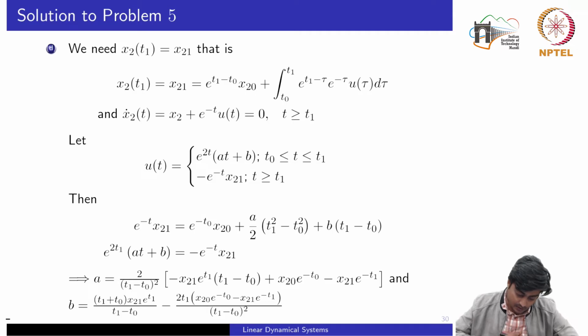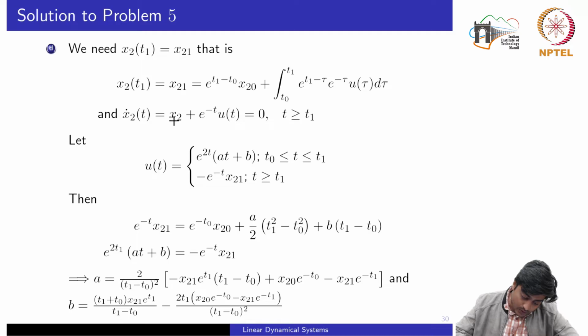So again, it requires the computation of the control input, where we need to ensure that x2 at t1 is some value, let's say x21, and this x21 could be 0.